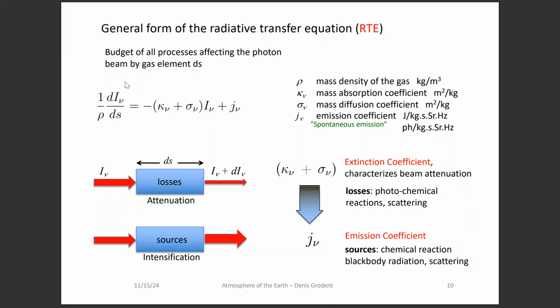The variation of the radiance depends on these two quantities. Emission of photons gives a positive variation. Absorption or scattering of photons leads to a negative variation. So these are losses, these are gains.